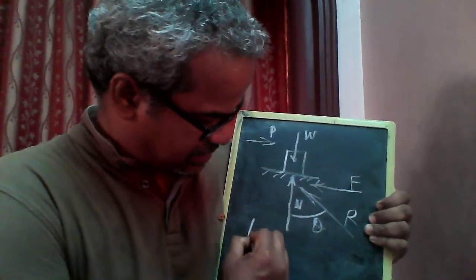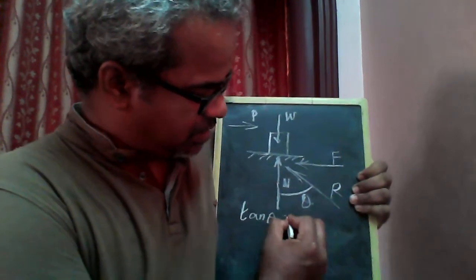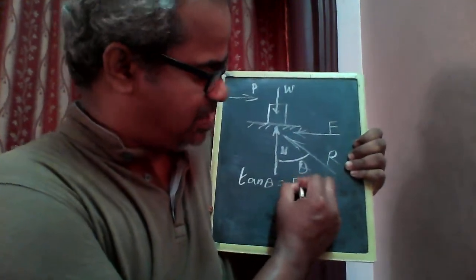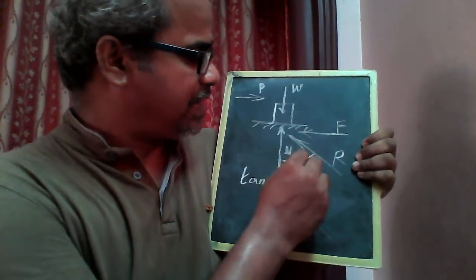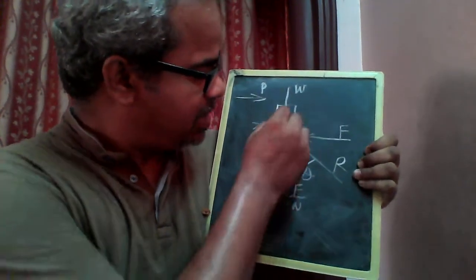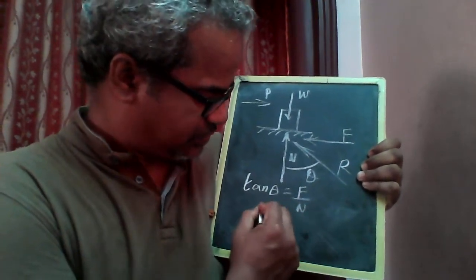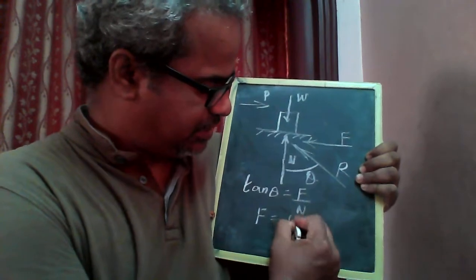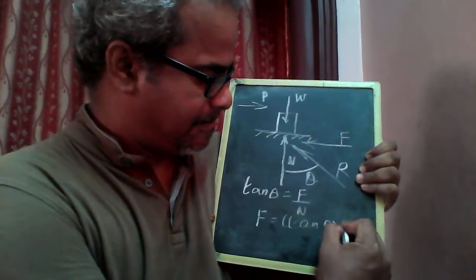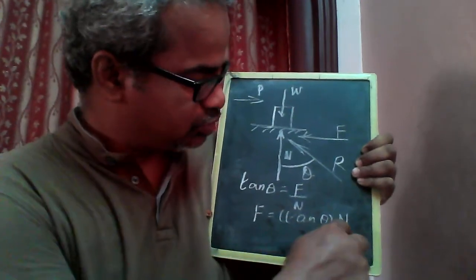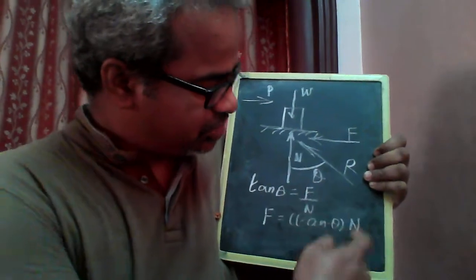What is that friction angle? Tan theta we can find out as F by N. So tan theta is opposite side by adjacent side, F by N. So F is equal to tan theta into N. So always this F is proportional to N. To equate that, there will be a constant coming into picture.